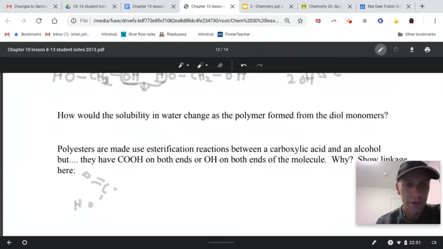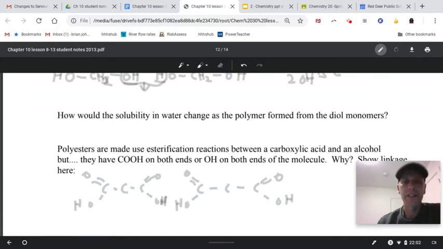And we'll go super simple again, C double bond O, OH. So there's a dioic acid, propane 1,3-dioic acid. And we're going to put another one here. Double bond O, OH, double bond O, OH.